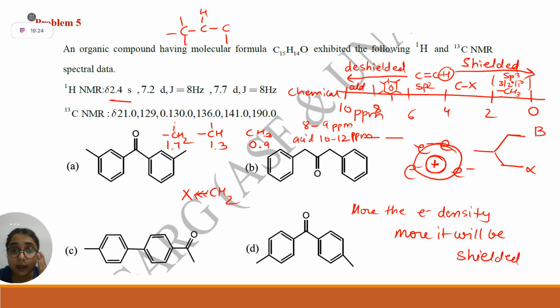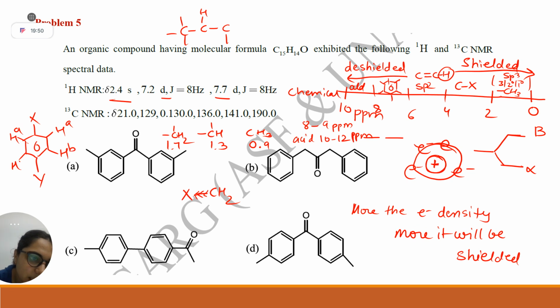Before solving this type of question, if you anywhere see two doublets in the range of 7 to 8, it means your benzene is para substituted. Right or no? Why? These protons are similar, yes or no?